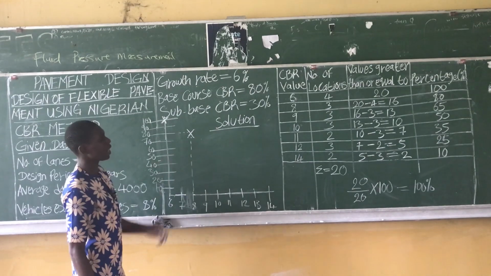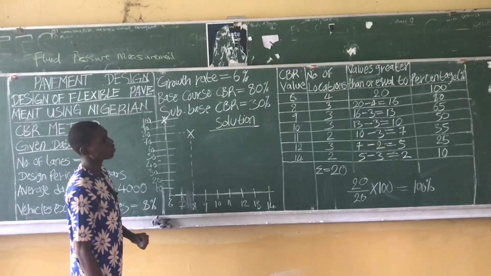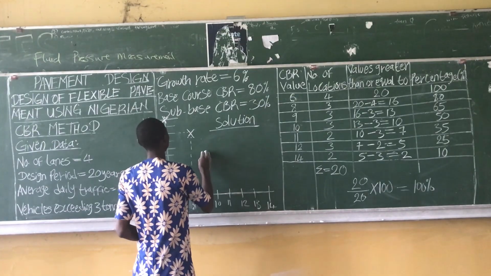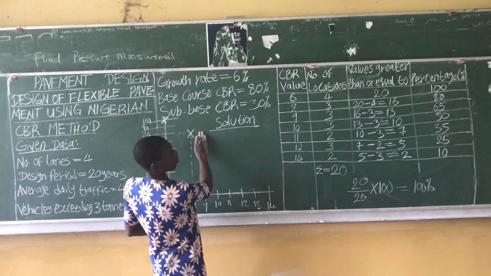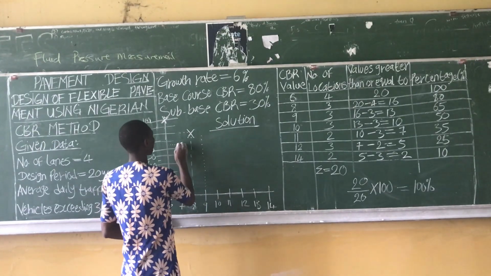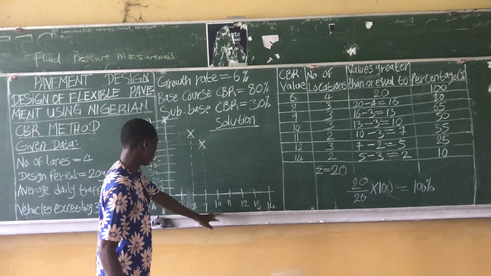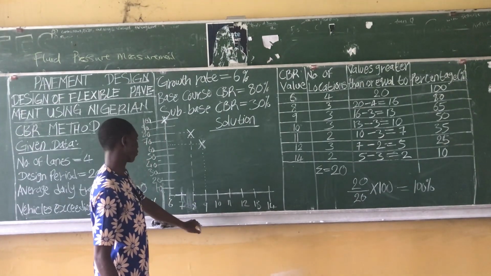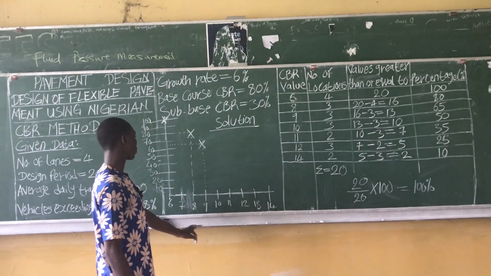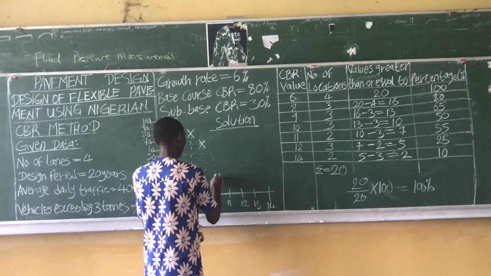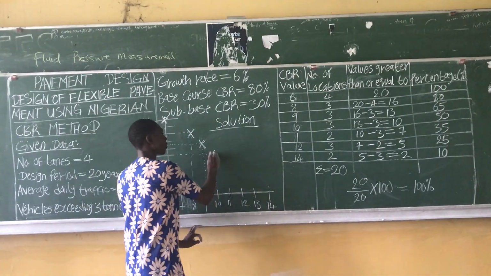At the CBR value of 9, our percentage is 65. So at a CBR value of 10, our percentage should be 50.